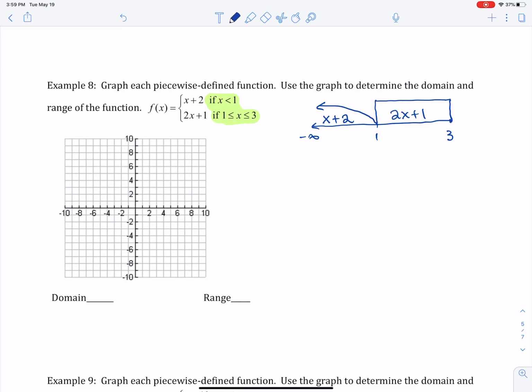Okay, so that means before 1, I'm going to graph the line y is equal to x plus 2, which has a slope of 1, 1 over 1, and y-intercept of 2. So, y-intercept of 2, 1 up, 1 over, and I have to stop at 1, so I'll then go backwards, 1 down, 1 backwards, 1 down, 1 backwards, and so on and so forth.